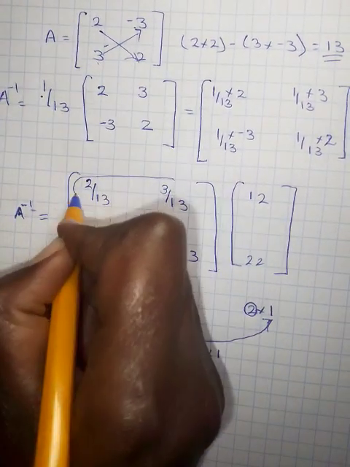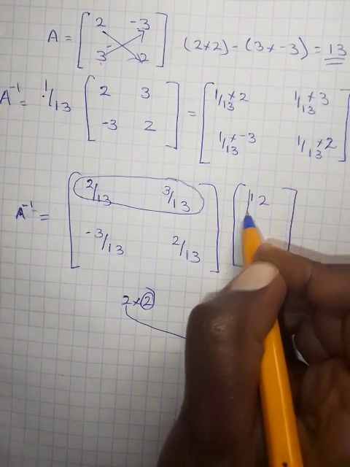Now we're going to conduct the multiplication. We multiply the rows with the columns.